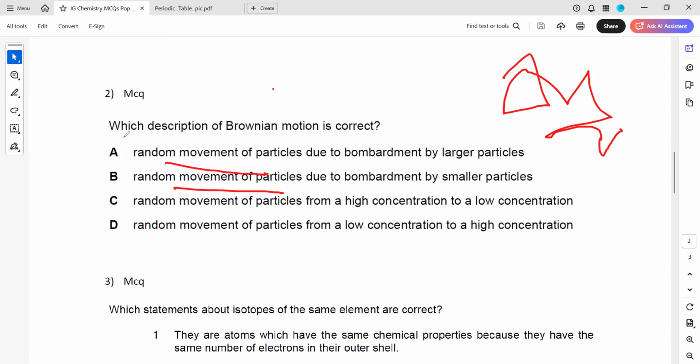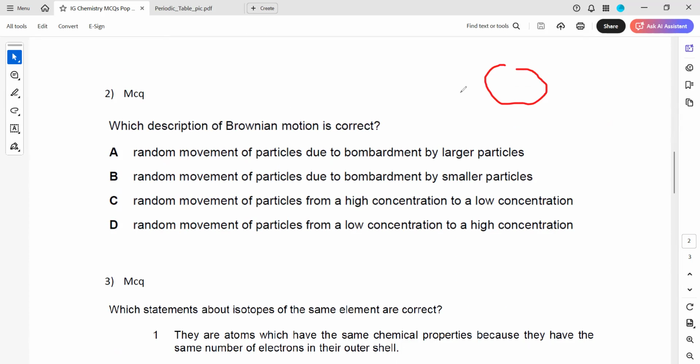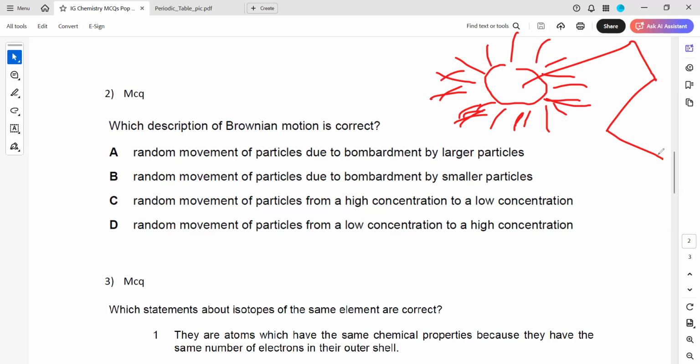Because the lighter particles are continuously hitting the heavy particle, this causes a random motion, a continuous change in direction. So Brownian motion is a random movement of particles due to bombardment by small particles. When the small particles hit the heavy particle, they cause a random motion. We call that Brownian motion.